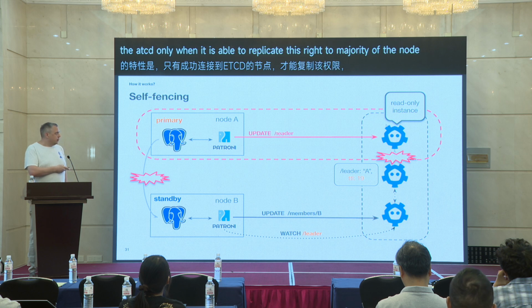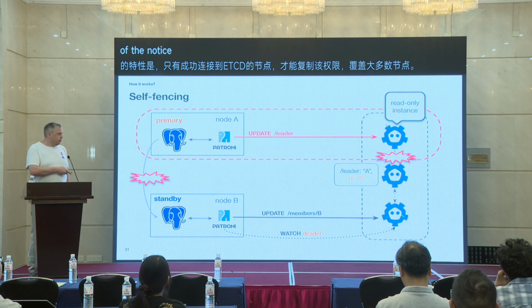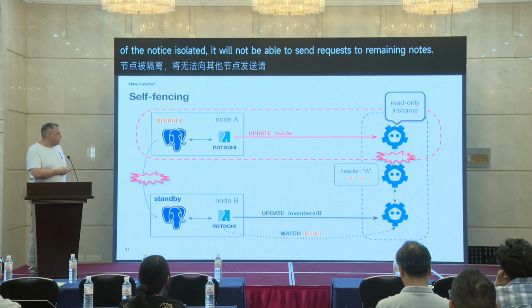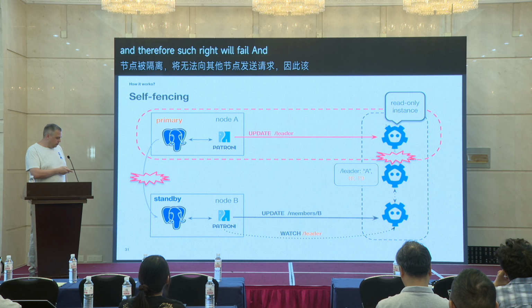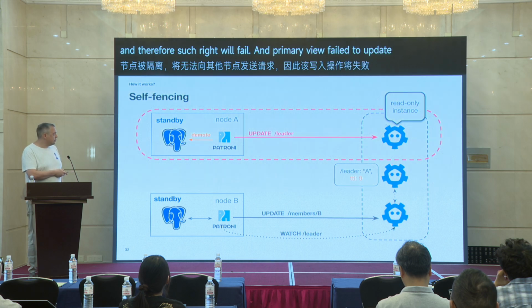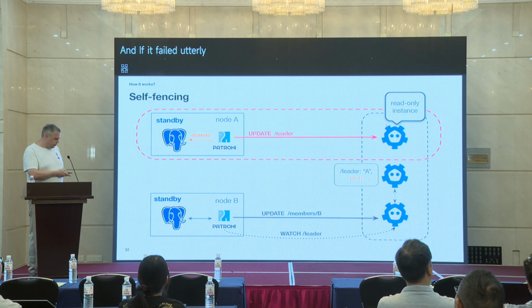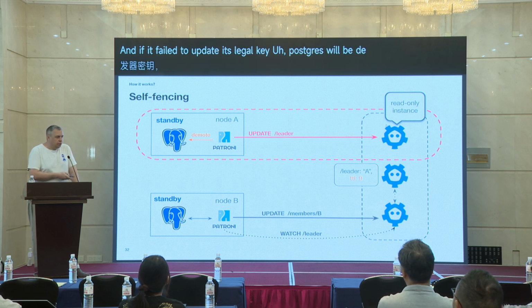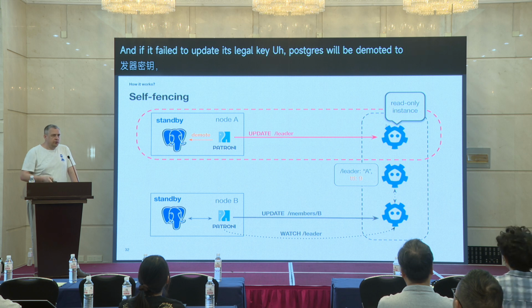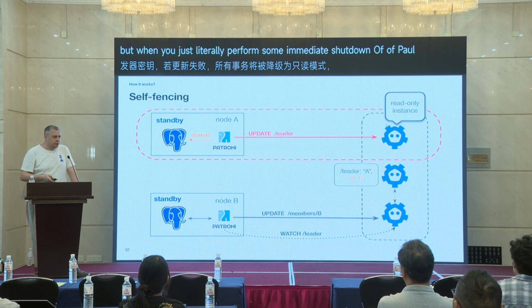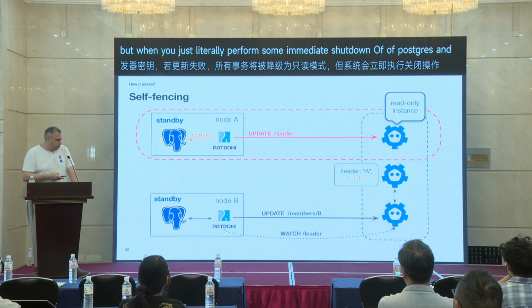If one of the nodes is isolated, it will not be able to send requests to the remaining nodes, and therefore such a write will fail. And the primary will fail to update its leader key. And if it failed to update its leader key, Postgres will be demoted to read-only. So Patroni literally performs an immediate shutdown of Postgres and starts Postgres in recovery, in read-only mode.